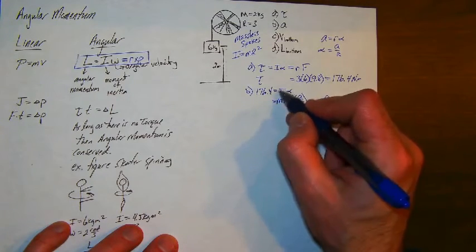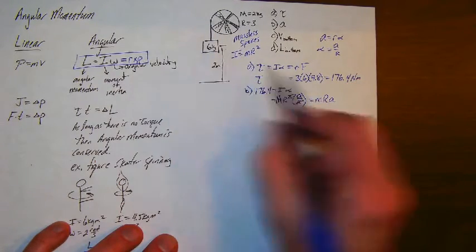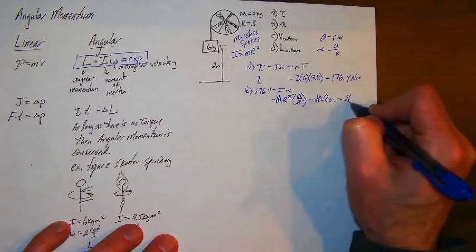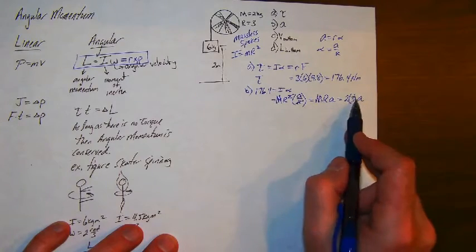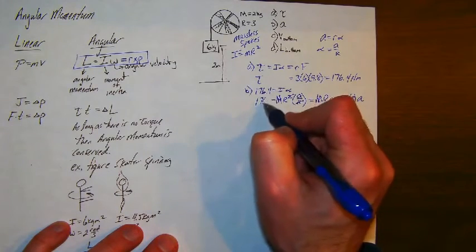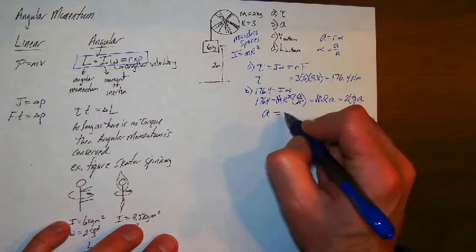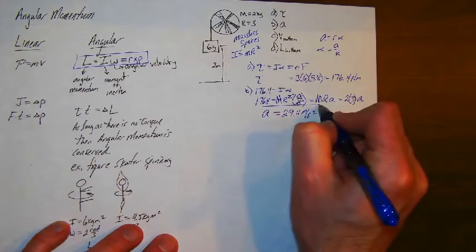This is the moment of inertia mass, the big mass, which is the mass of the pulley itself. So this can be 2 times the radius of the pulley, which is 3, times A. And when we divide that all into the 176.4, then we get a linear acceleration of 29.4 meters per second squared.